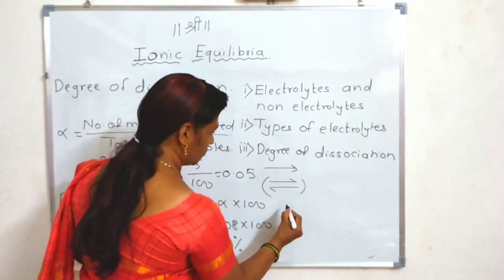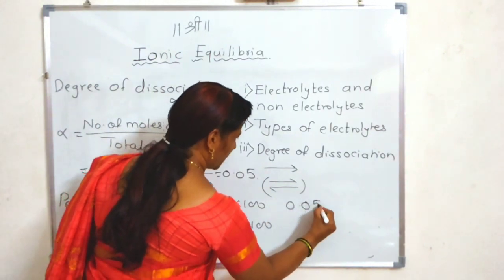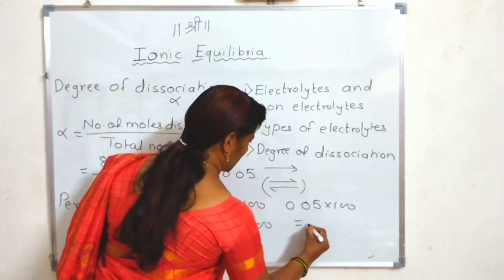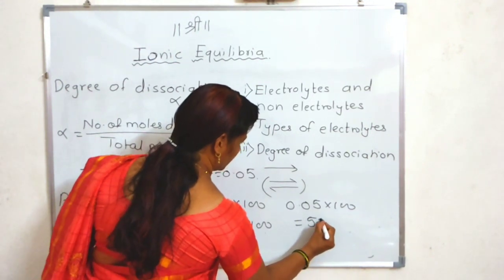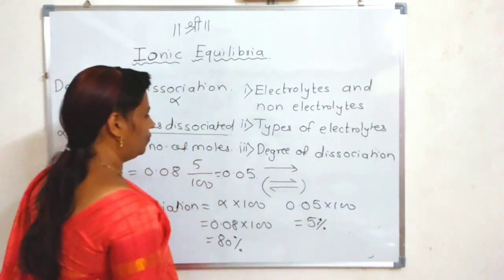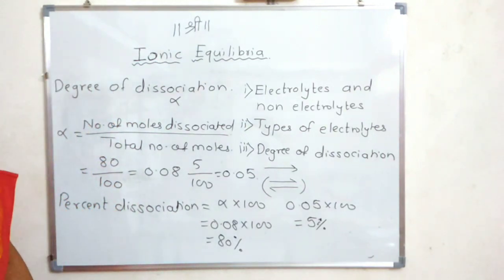Therefore, its percent dissociation is 0.05 into 100, which is 5% dissociation.